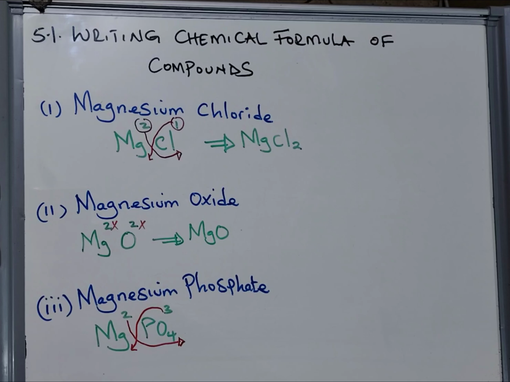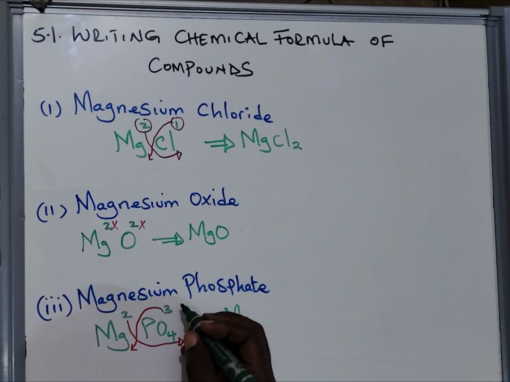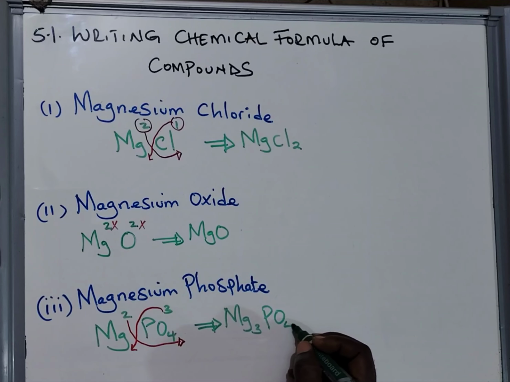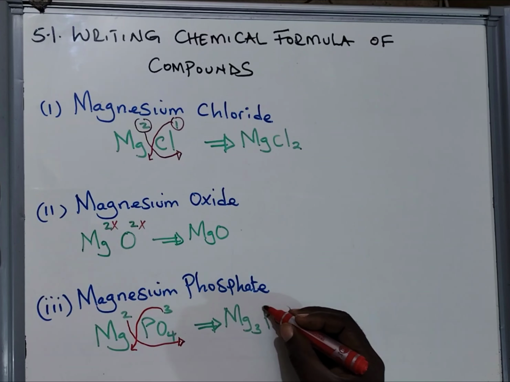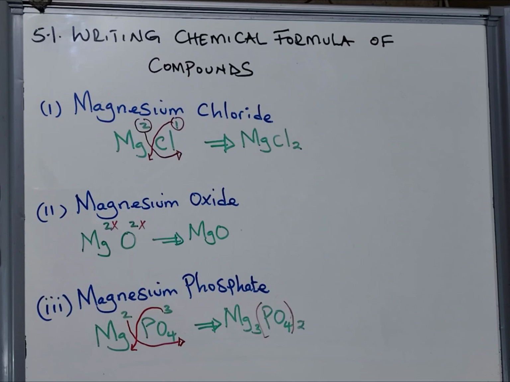They exchange, giving you Mg, and it received 3, so 3, PO4, and it received 2. But you have to know something here, that this 2 is for the entire phosphate. How do we show that? By putting a bracket. The bracket is the evidence that the 2 is for the whole phosphate.